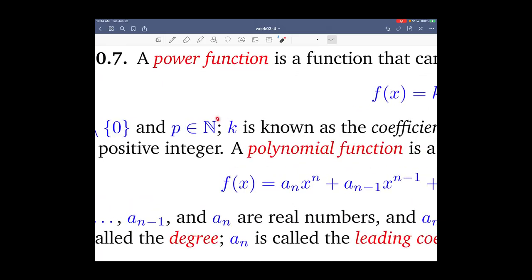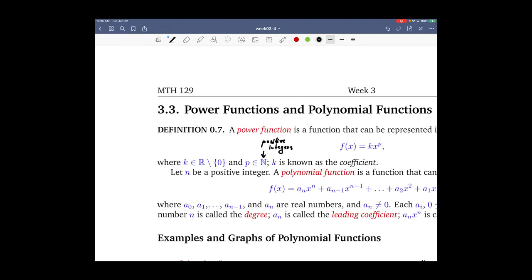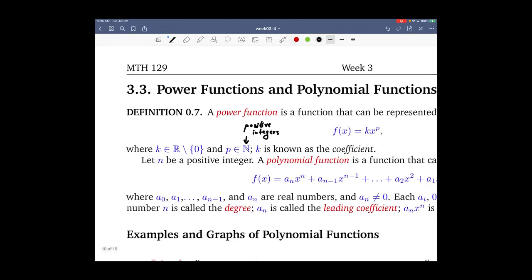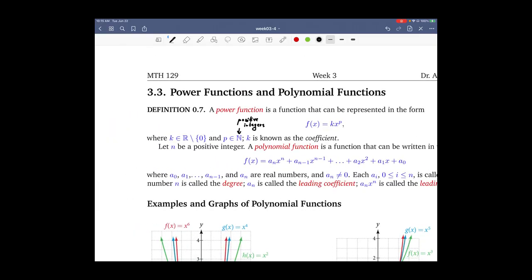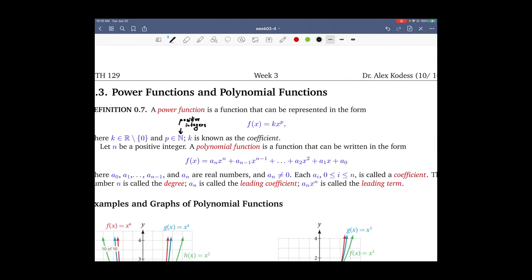Remember, boldface N is the set of positive integers. K here is known as the coefficient.